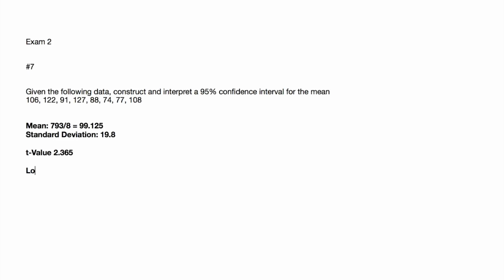To find the lower bound, you need this formula. You do 99.125, our mean, minus, for the lower bound you subtract, 2.365, our t-value, and then multiply it all by the standard deviation of 19.8 divided by the square root of 8.